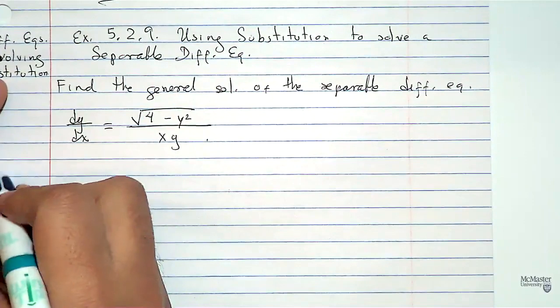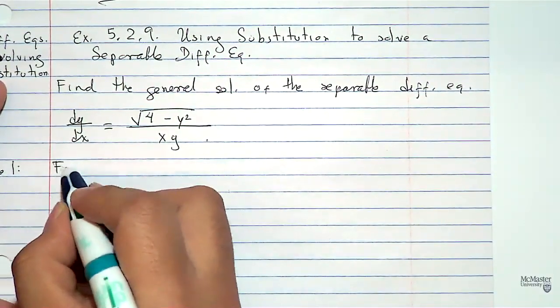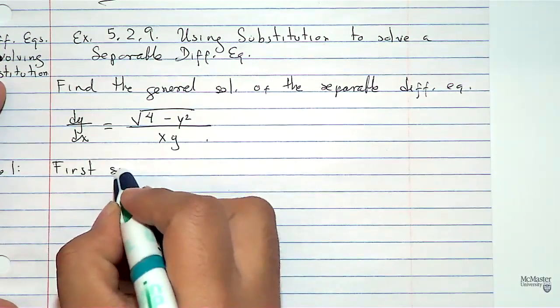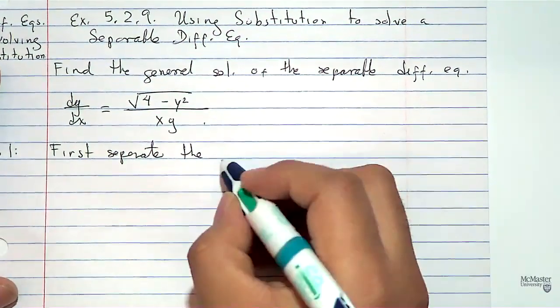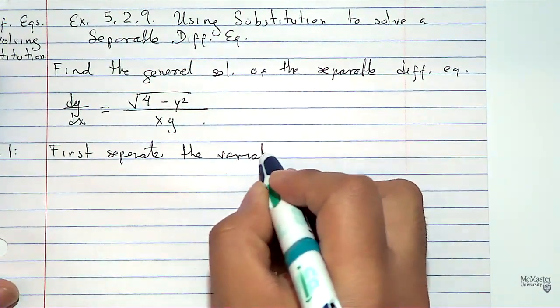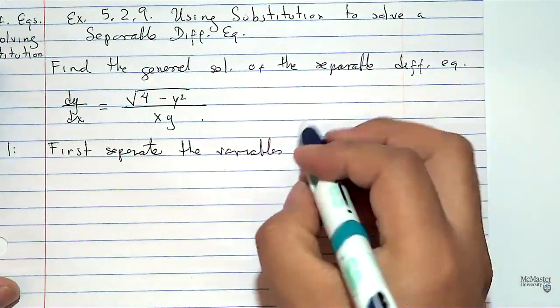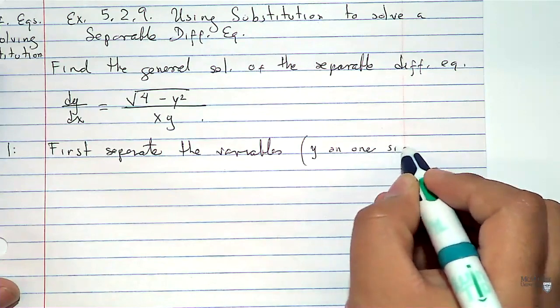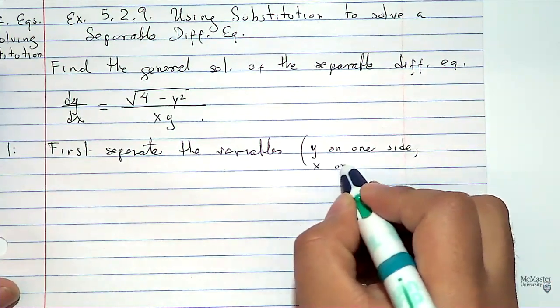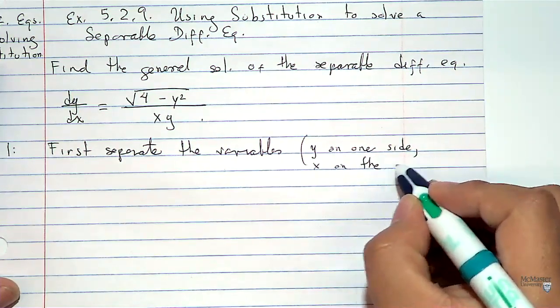So if we go for the solution, first separate the variables. Means, just to give you some intuition, y on one side, x on the other side of the equation.